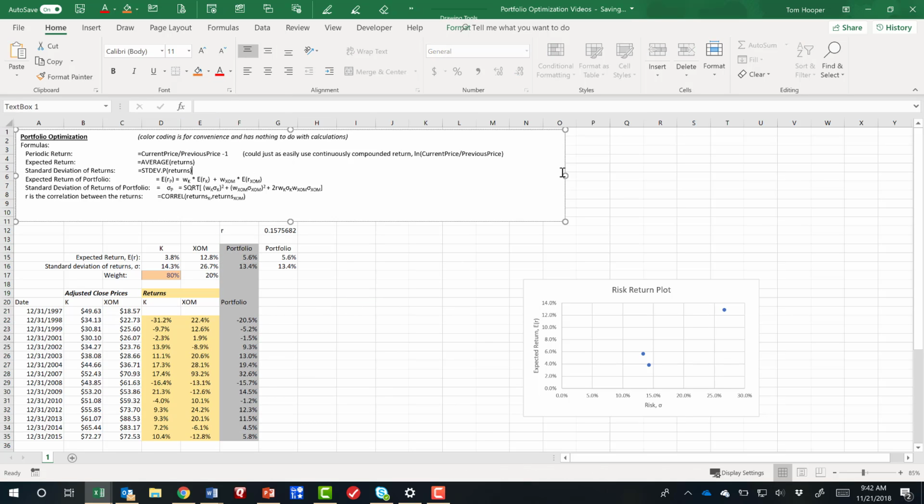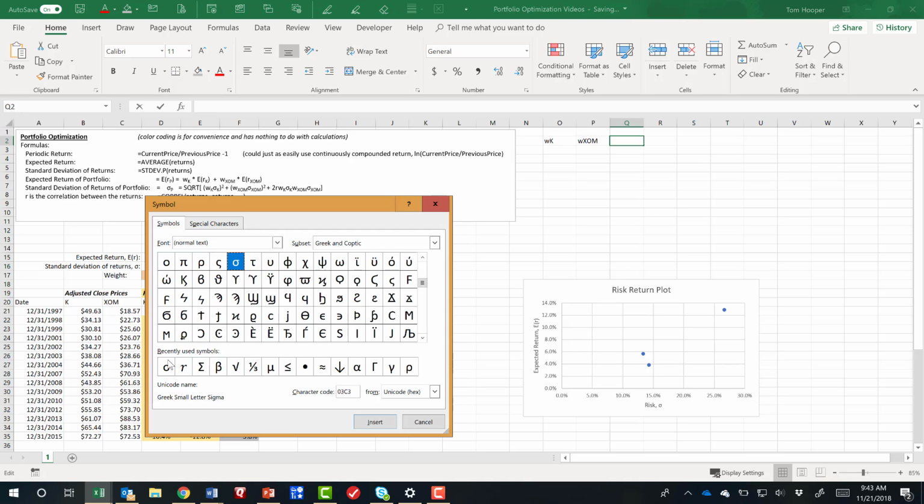Now let's step up here and create the envelope again of all the possible outcomes. So I'll make a column for the weight in Kellogg and the weight in ExxonMobil and the risk of the portfolio.